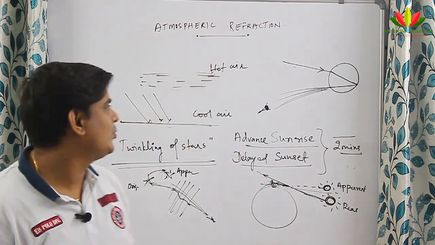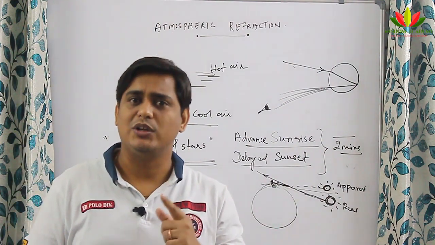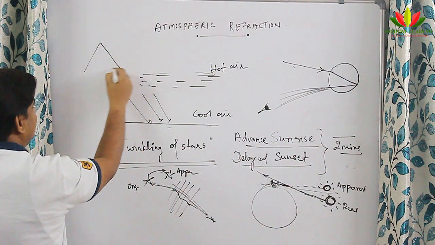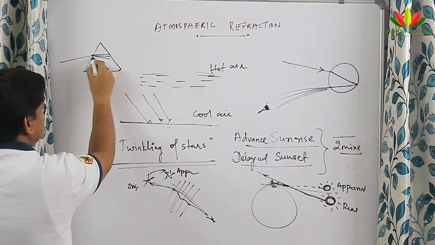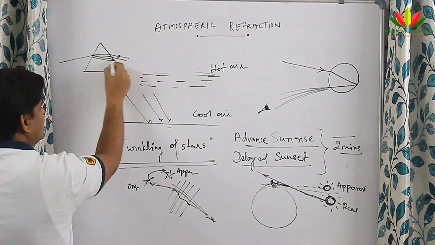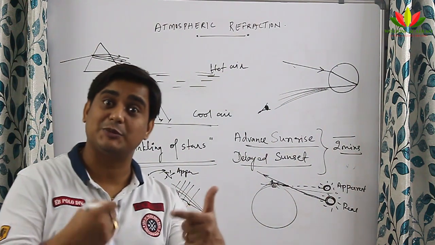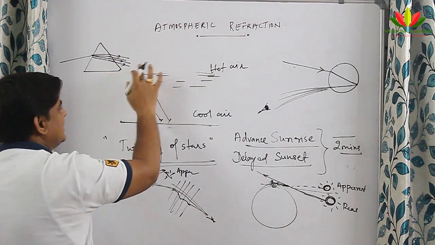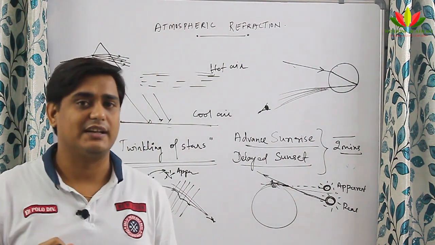I also want to tell you one more thing about prism refraction. When Newton did this VIBGYOR experiment and found that the prism breaks down the light into 7 different colors, he did not stop there. He even tried to split these 7 colors further, and he did a lot of experiments by keeping various prisms here, trying to further disperse the light, but he could not achieve that.